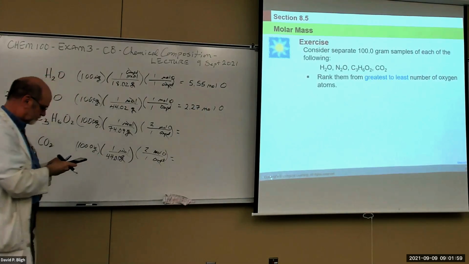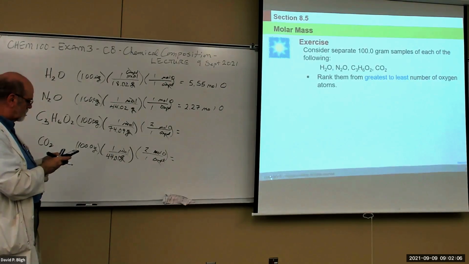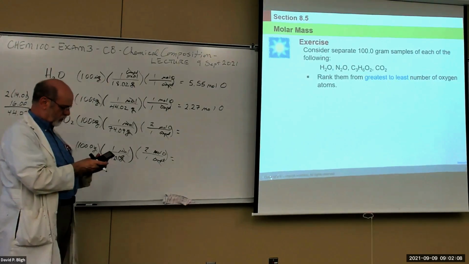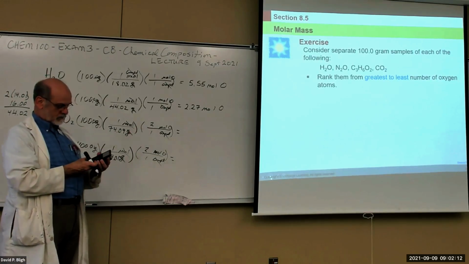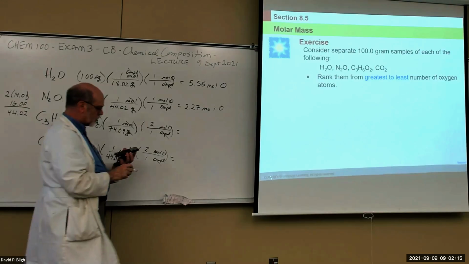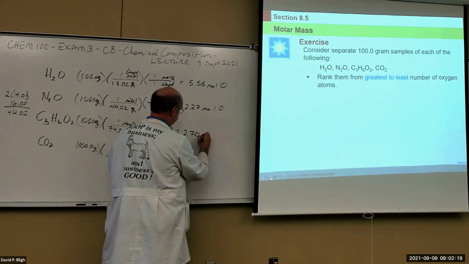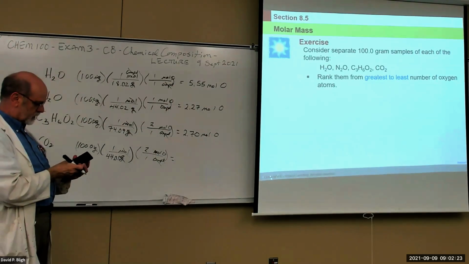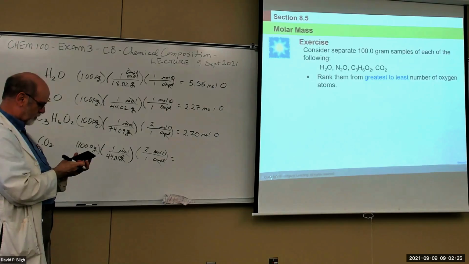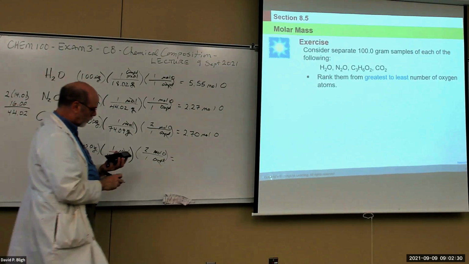And this one is, let's see, divided by 74.09, right, times 2. 2.70. Okay, and the last one, 100 divided by 44.01 times 2 is 4.54.